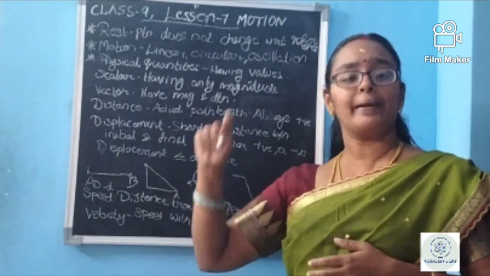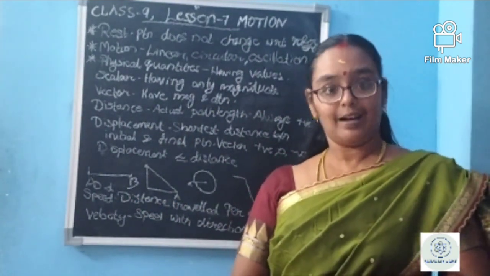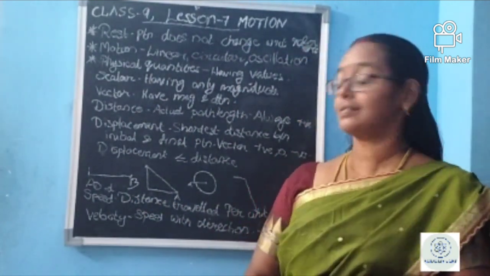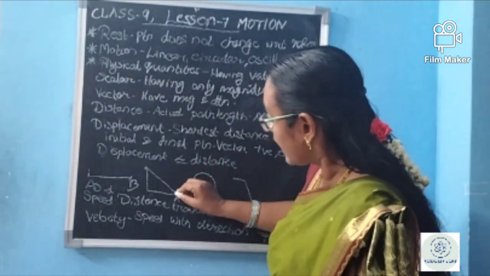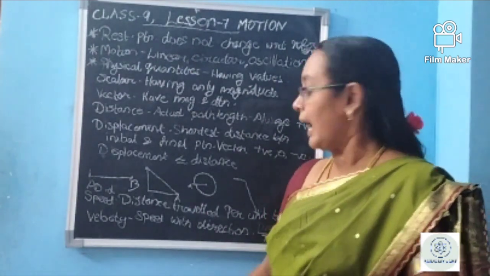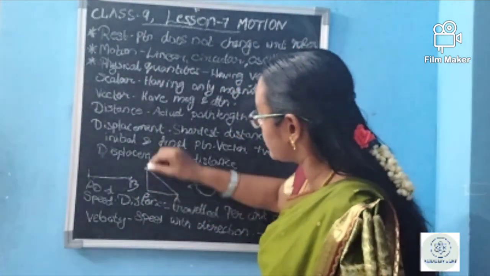Straight it is moving from A to B. So, displacement is equal to distance in this case. Understood, ma? There is a second thing. That is, a child starts from A and he is reaching his friend's home. Then he is moving to school.